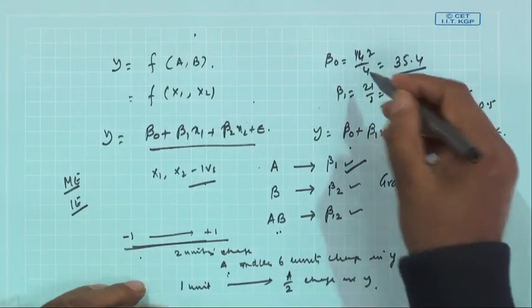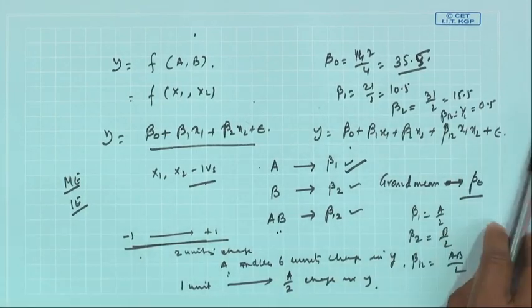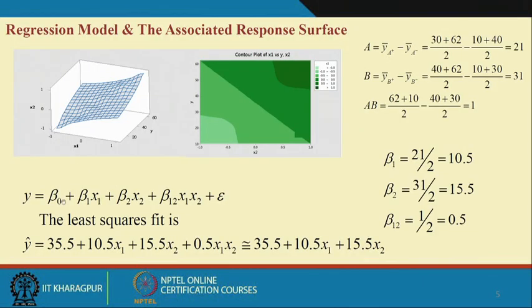So, yes, 35.5, 4 into 5. See the slide, what happened in the first example: the regression equation will be y cap, the fitted y, is 35.5 plus 10.5 x1, 15.5 x2 plus 0.5 x1 x2.